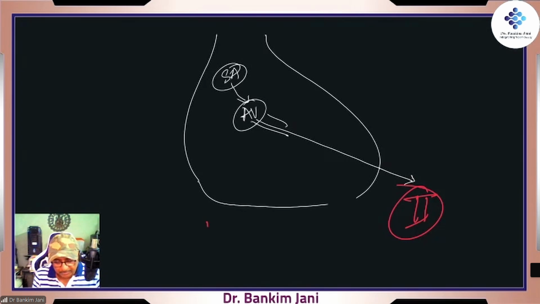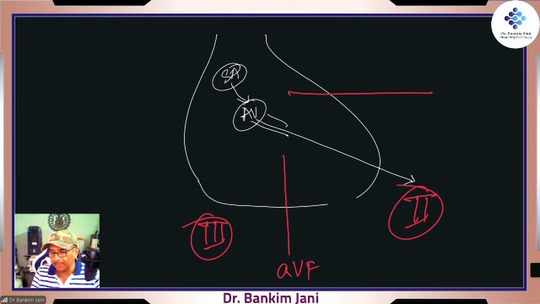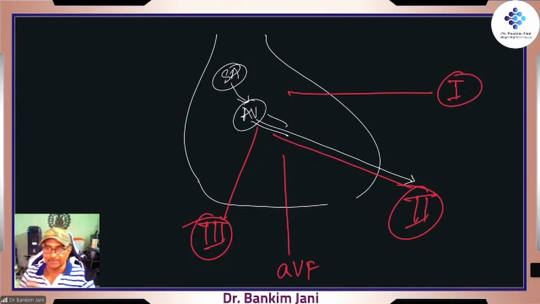Lead 3 is over here, aVF is over here, and lead 1 is over here. The leads have a gap of 60 degrees each. Correct.